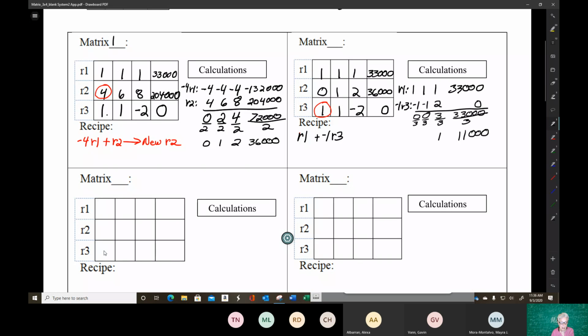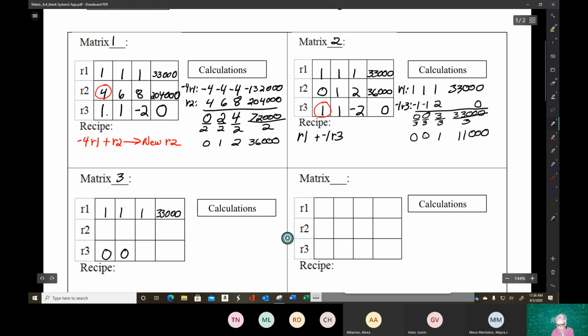Okay, so let's go back here. Let's just write out the third matrix. Matrix 1, matrix 2, matrix 3. We'll have 1, 1, 1, 33,000. I'm not being consistent. I need to be. I should have copied that first. This would be 0, 0.